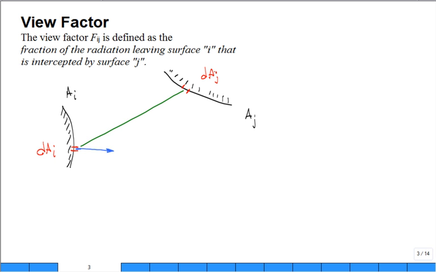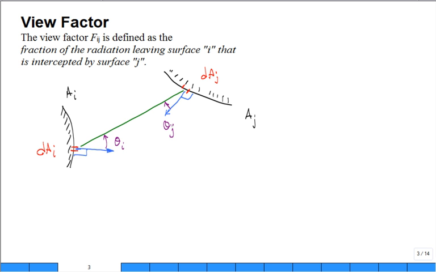So it hit a small segment, dA_j, of surface j. Well, dA_j has an outward directed vector that's perpendicular. See, this is perpendicular, that's perpendicular. And by defining those two normal directions to the surfaces, what do we have right here? Theta_i, the polar angle. And what about this angle right here? Theta_j.